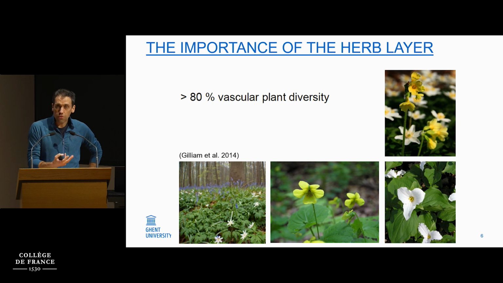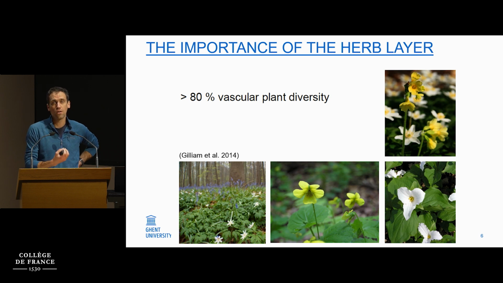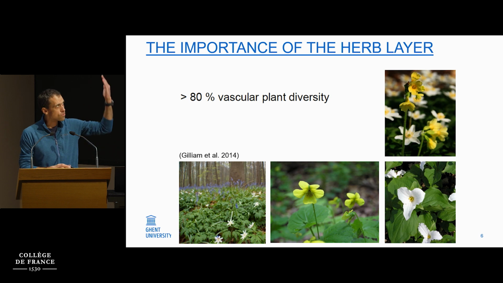So why a focus on this herb layer? First of all, because as you probably know, in temperate forests, the majority of plant biodiversity is not in the tree layer, but in the herb layer. On average, 80, sometimes 90, or more than 90% of the total plant biodiversity is in the herb layer, and only a very small proportion of the plant species present are trees in the tree layer.